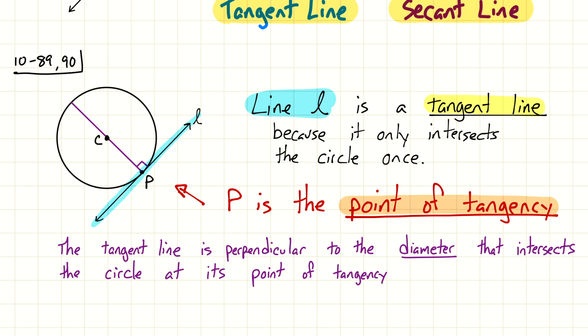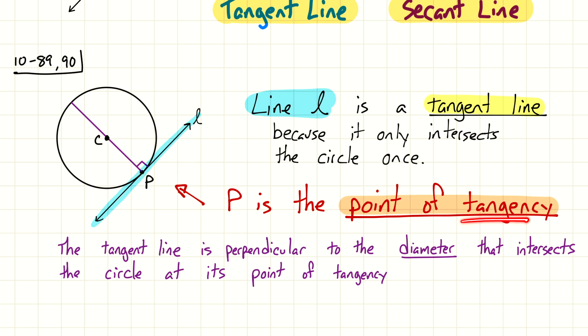Here I have a circle with center C, and I have this line we call line L, cursive L, and it only intersects once, so we call this a tangent line. And so this point of intersection is what we call the point of tangency.